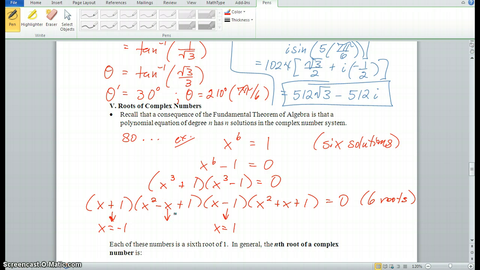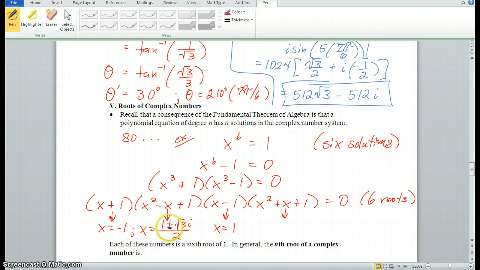And the 2 that remain here and here are going to be a little bit more complicated, which I'm just going to take a moment doing the work ahead of time for you. 1 plus or minus root 3i all over 2 using the quadratic formula.